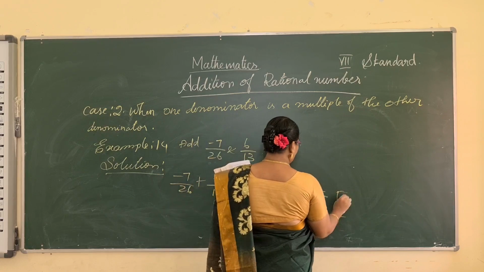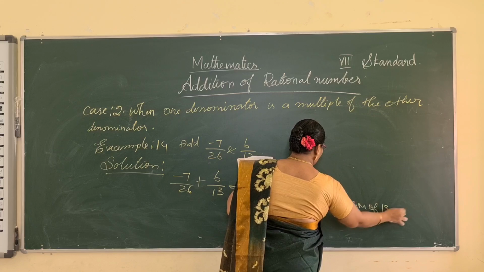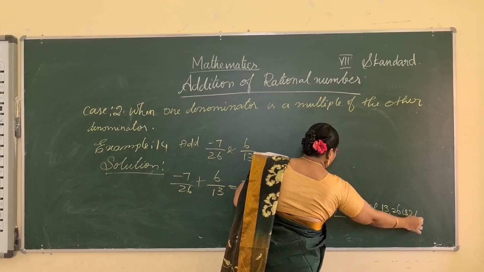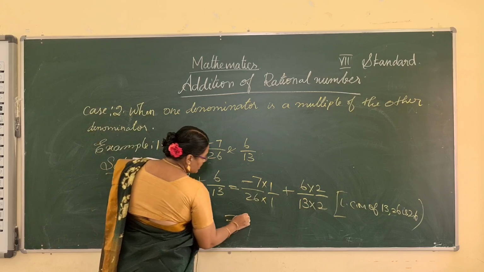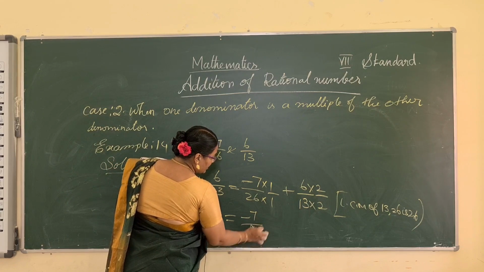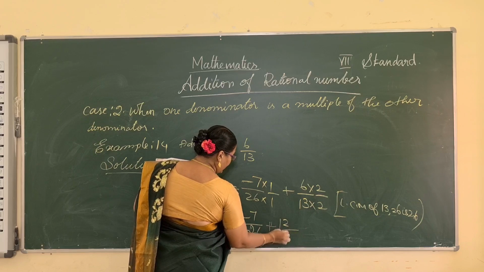Here write LCM of 13 and 26 is 26. So minus 7 by 26 plus 6 twos are 12 by 26.